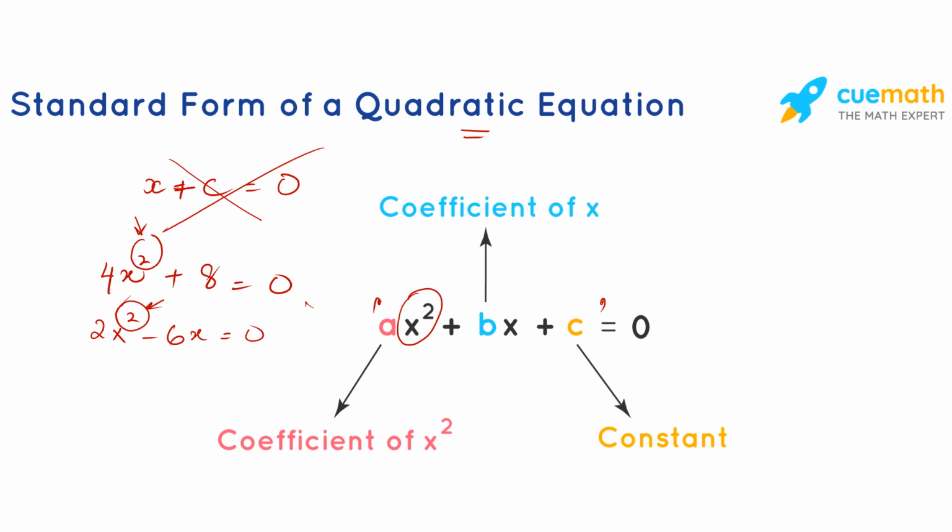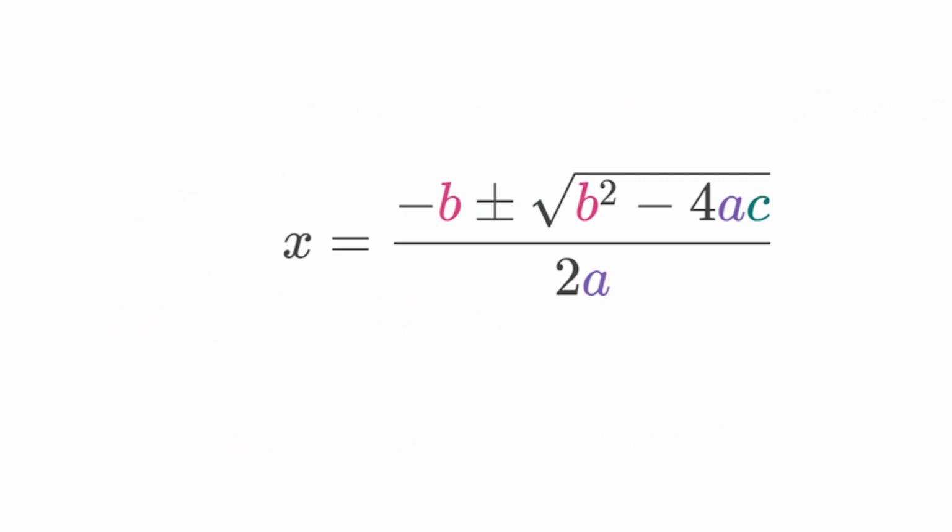In order to solve the quadratic equation, we have different rules, and in this video we are going to study the quadratic formula. Here in front of you is the quadratic formula. It is so easy if you can handle the calculator or the calculation mentally.